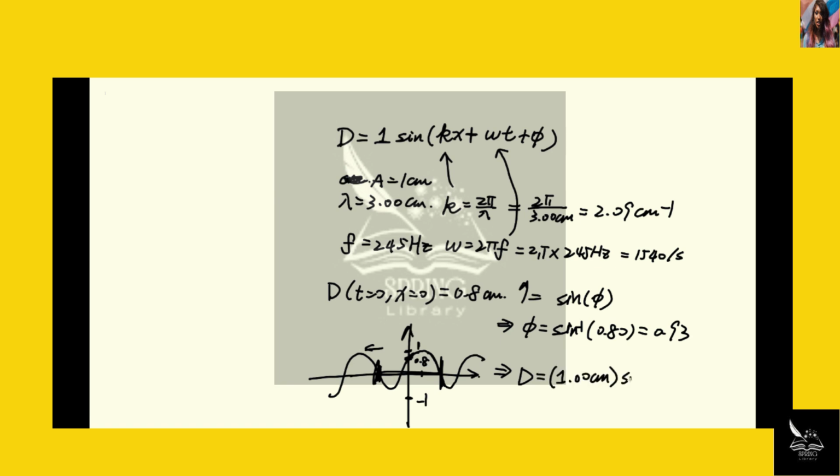Centimeter times sine of k, which is 2.09 per centimeter, times x, plus omega radian per second times t, finally plus 0.93. And the unit of x is centimeter, t is in second. This is the expression that we're trying to find.